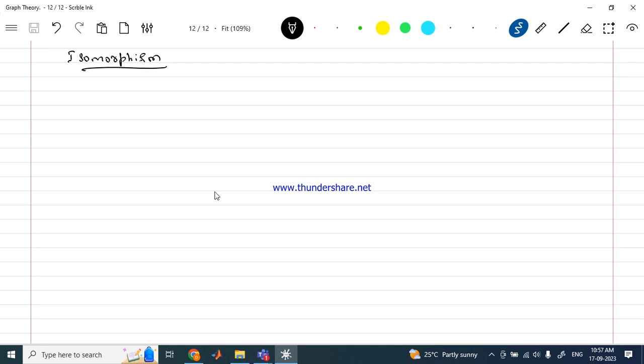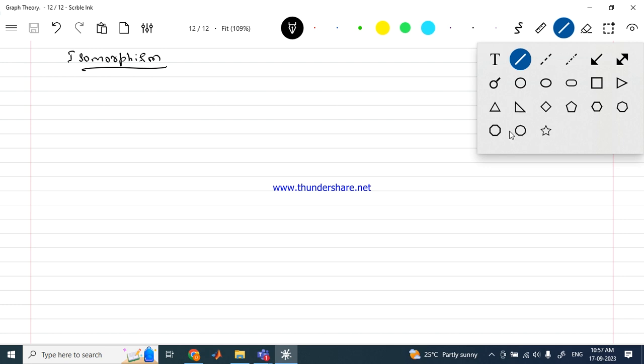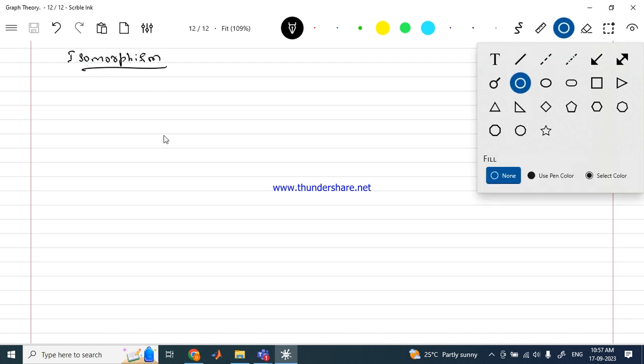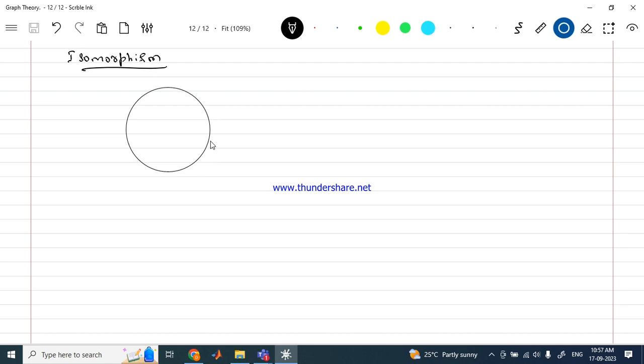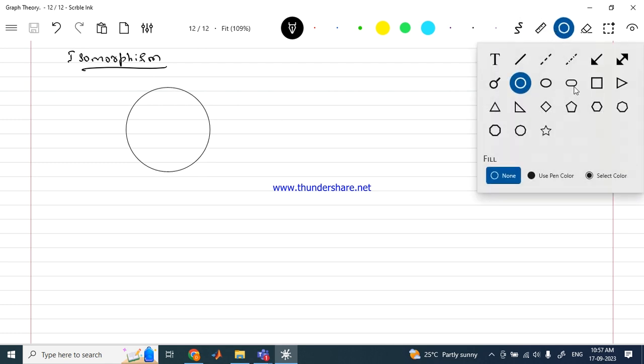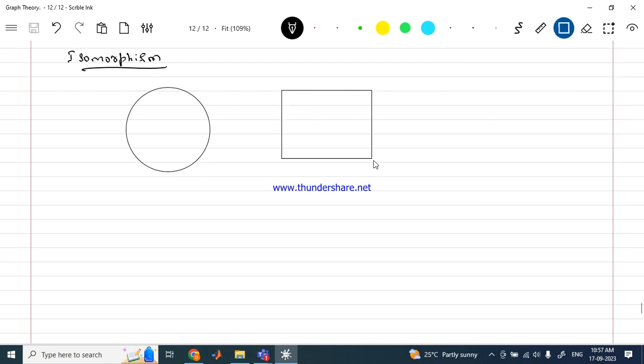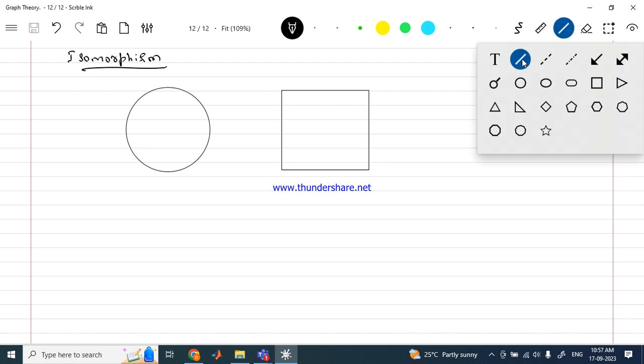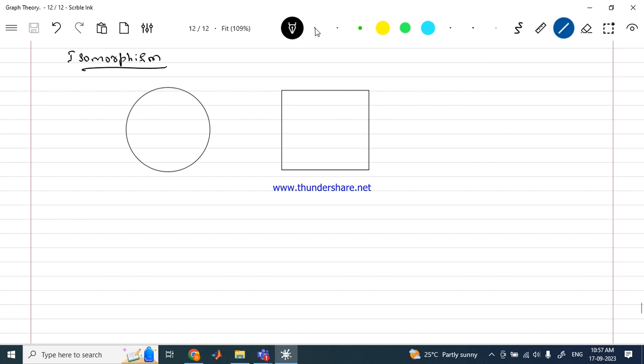Okay. So isomorphism means, the name is telling it. I don't know what you people are thinking about this, but it speaks only about this. Let me consider this example itself.